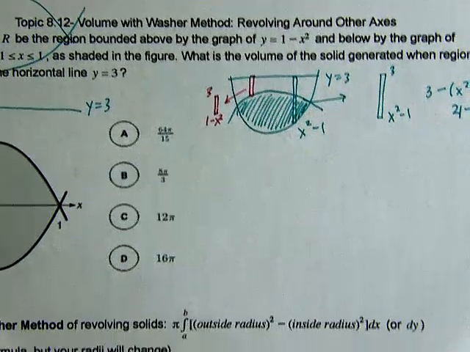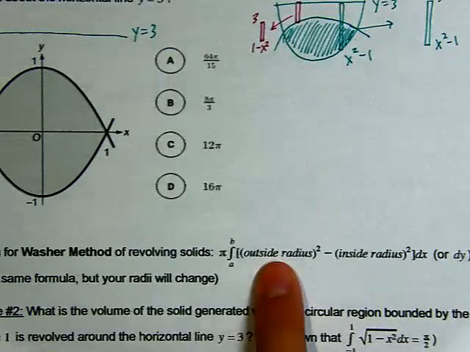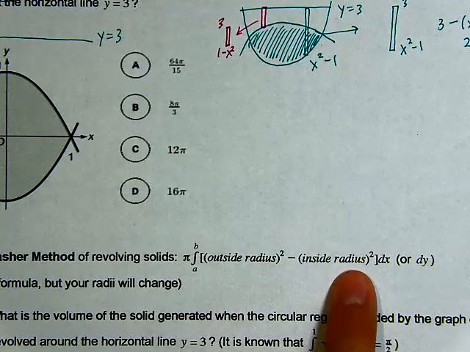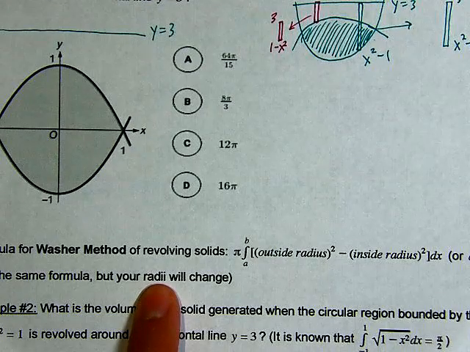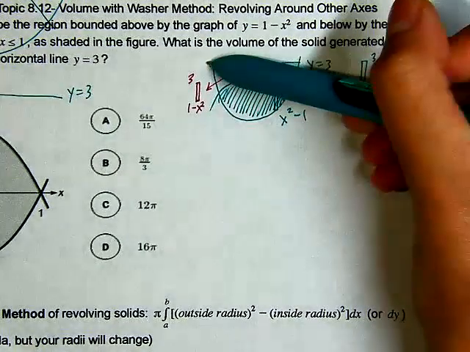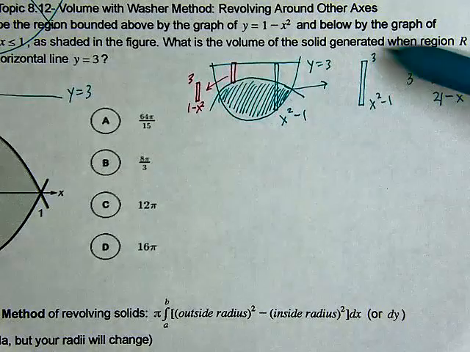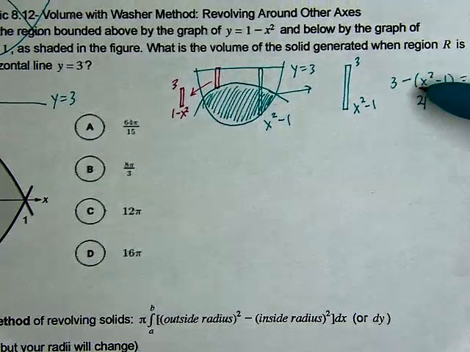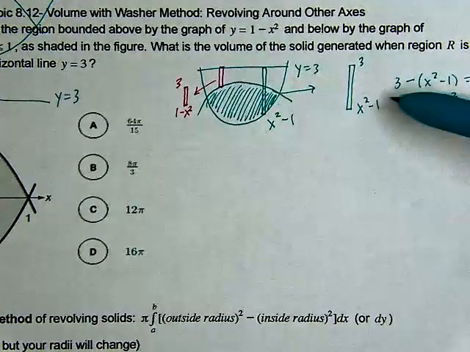So it turns out we are going to use the same formula, outside radius minus inside radius. However, my radii will change. Each of the radius will be different. I now have to take into account which axes I'm rotating around. So whatever line you're rotating around should show up in your equation.